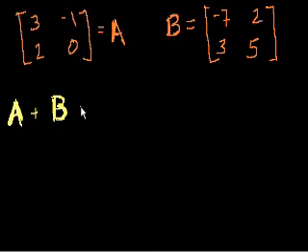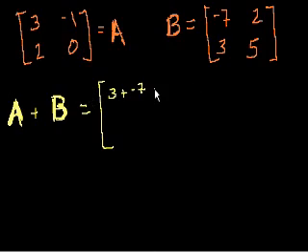So when you add two matrices, you essentially just add the corresponding elements. How does that work? Well, you add the element that's in row 1, column 1 to the element that's in row 1, column 1, right? So it's 3 plus minus 7. That'll be the 1, 1 element.